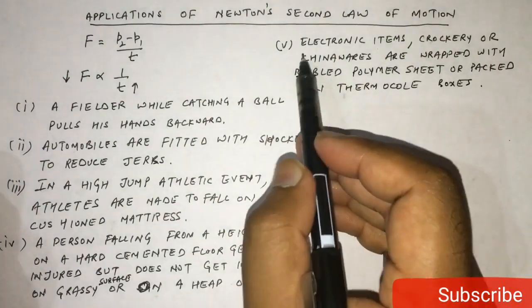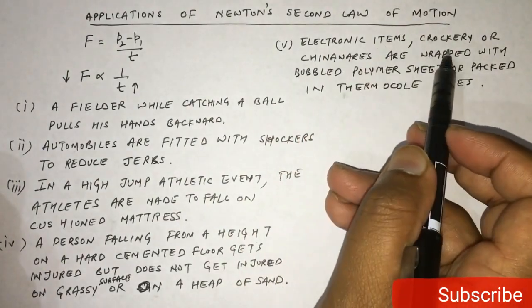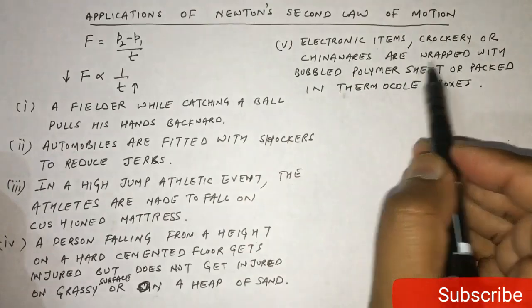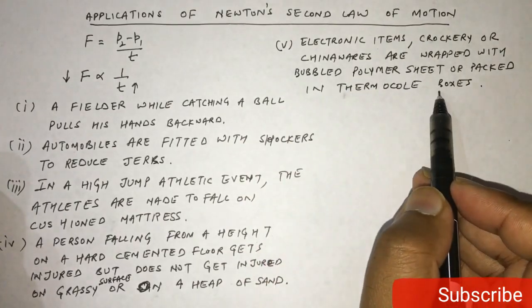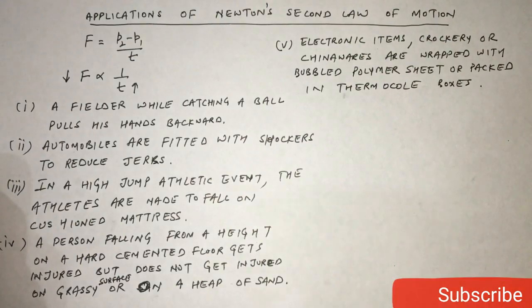So the fifth application is electronic items, crockery or the chinawares are wrapped with bubbled polymer sheets or packed in thermocol boxes.